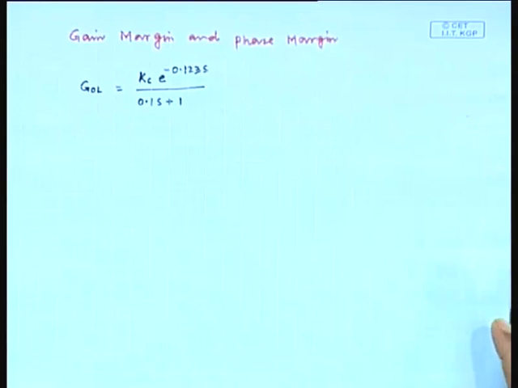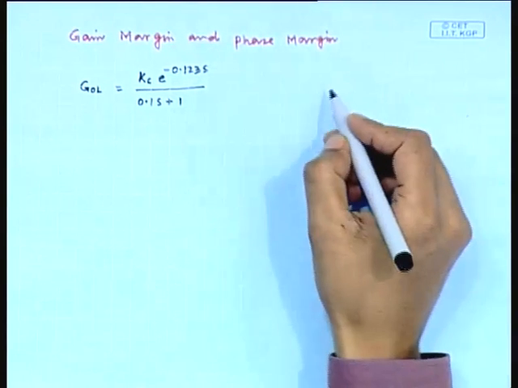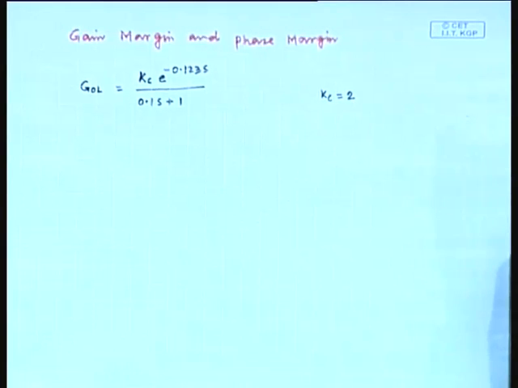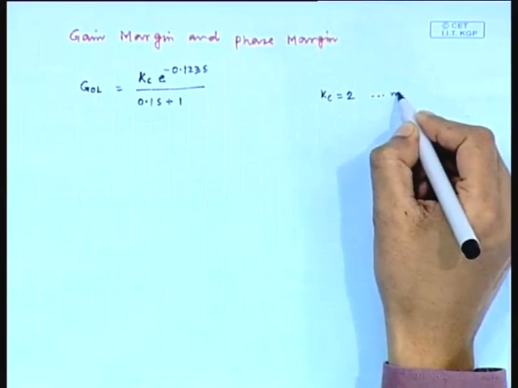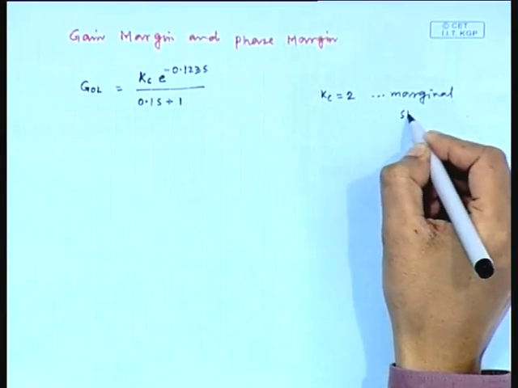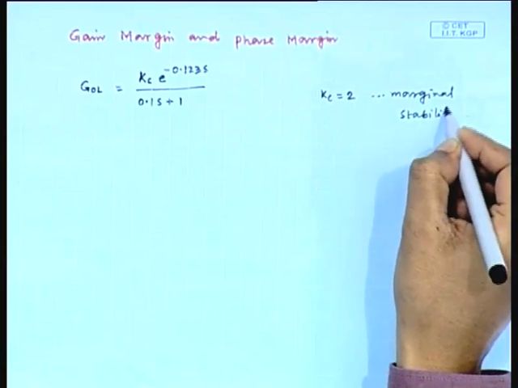Fine. Now, when Kc equal to 2, we obtain marginal stability. This is the marginal stability condition.